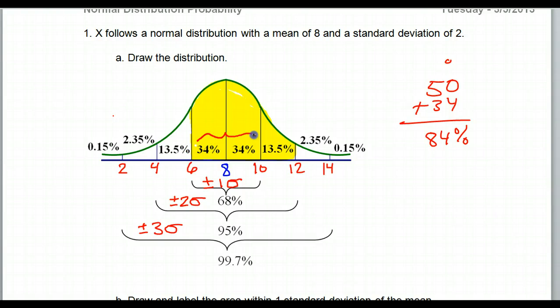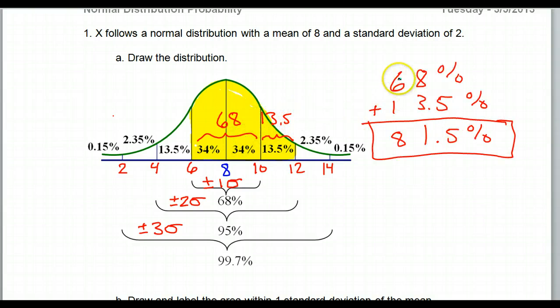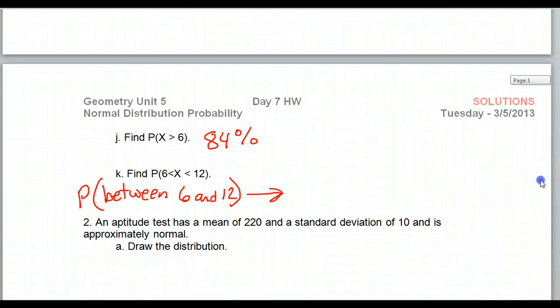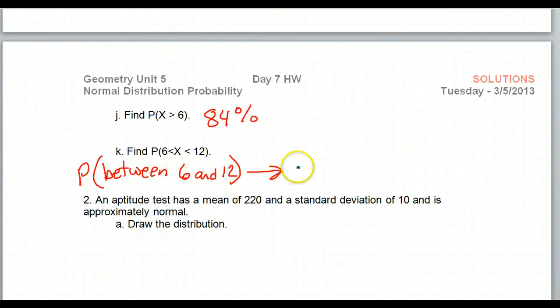But it's pretty simple, just add up these numbers. So obviously that is 68, and then add in your 13.5, and that's going to be your answer. So your 68% plus your 13.5% is 81.5%. So that's the probability of randomly picking a value between 6 and 12. 81.5%.